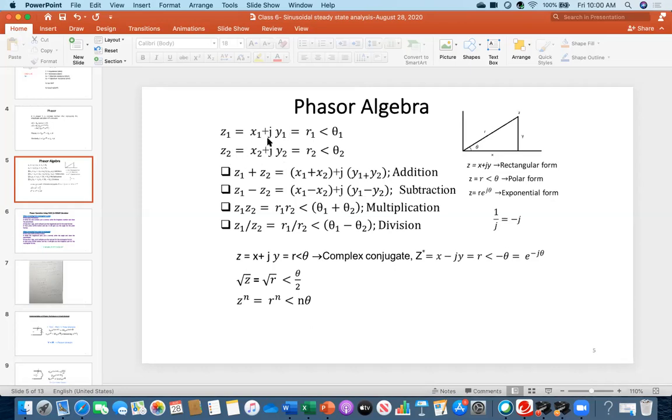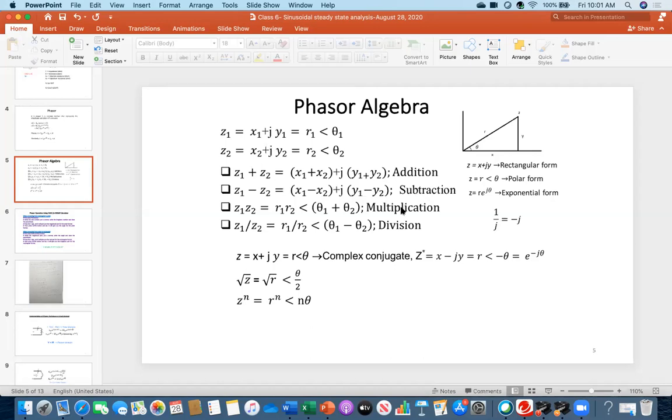If you have two complex numbers, how do you add them? Z1 plus Z2: you add the real parts, x1 plus x2, plus j times the imaginary parts, y1 plus y2. I think everybody understands this. Then for subtraction, Z1 minus Z2 is x1 minus x2 plus j times y1 minus y2.